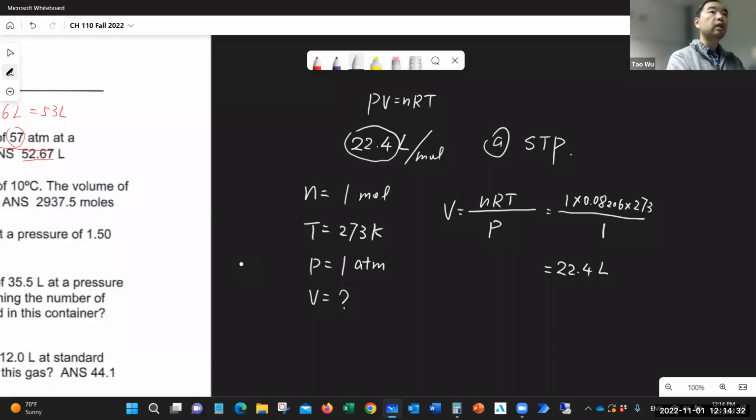Those 4 are related to each other. If 3 parameters are fixed, the other parameter should not change. And this is the ideal gas law.